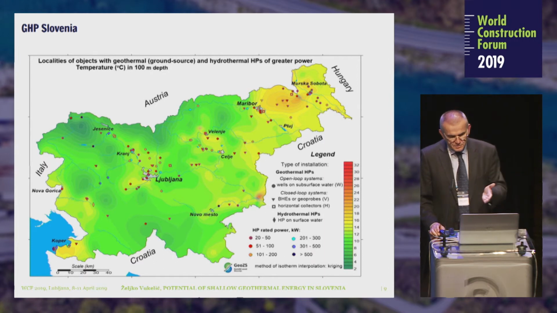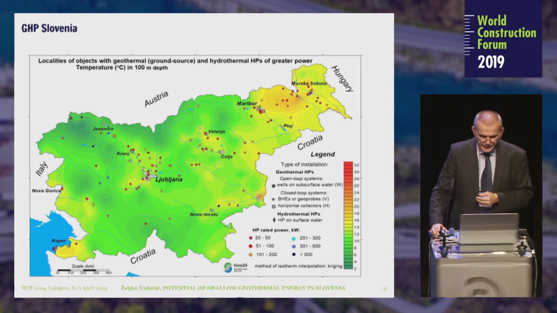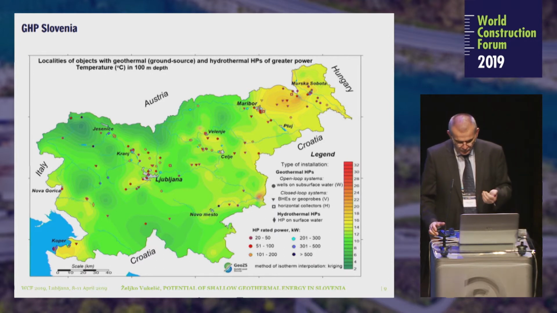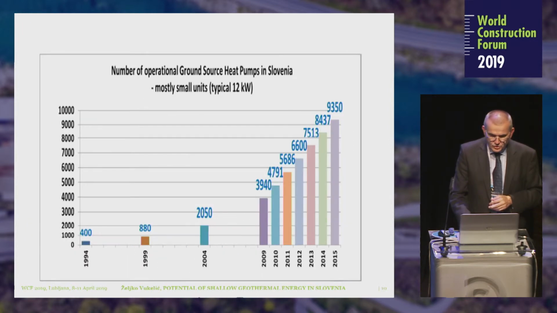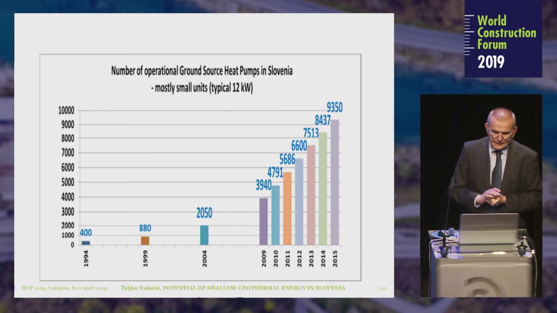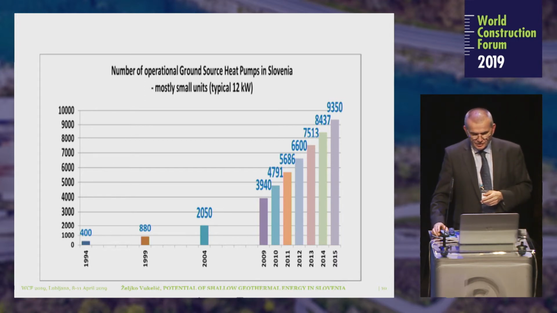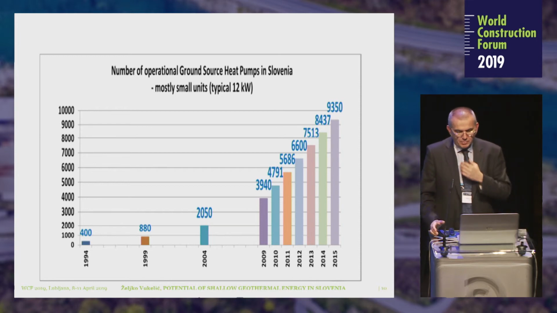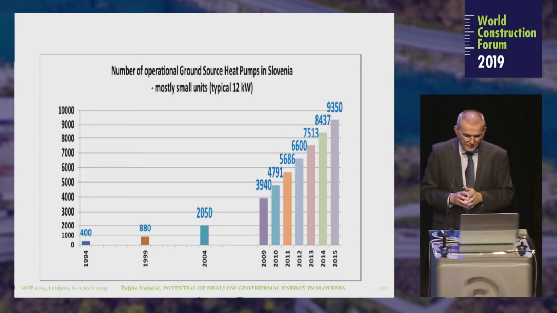This is maybe a 5-10 year old map. We will provide a new one maybe in the next 10 years. So here we are talking about ground source heat pumps in Slovenia. We tried to find data, but okay, this is not really up to date, 2015, but I hope we will update it in 2020.